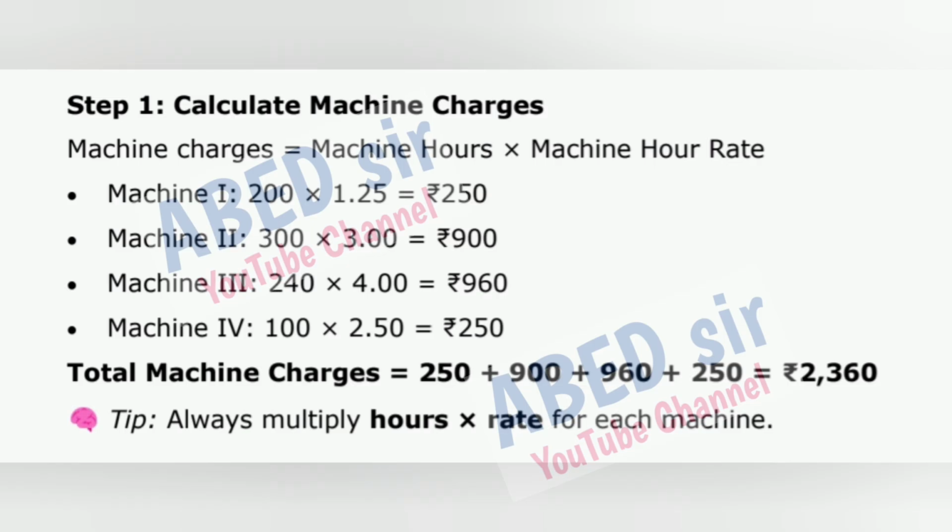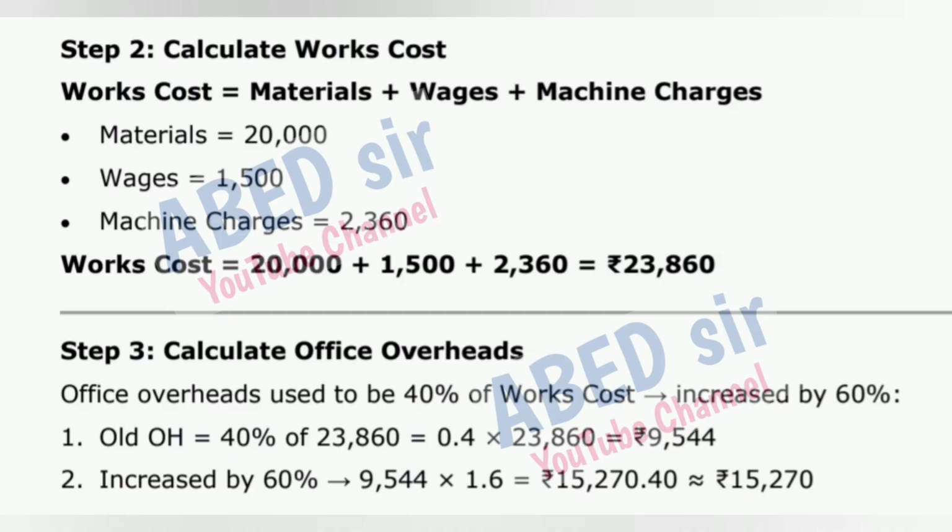Total machine charges is equal to 250 plus 900 plus 960 plus 250 is equal to 2,360 rupees. Tip: always multiply hours times rate for each machine. Step 2. Calculate works cost. Works cost is equal to materials plus wages plus machine charges.